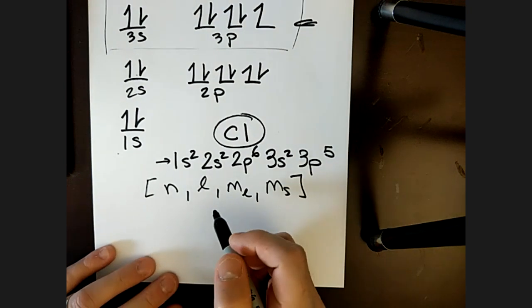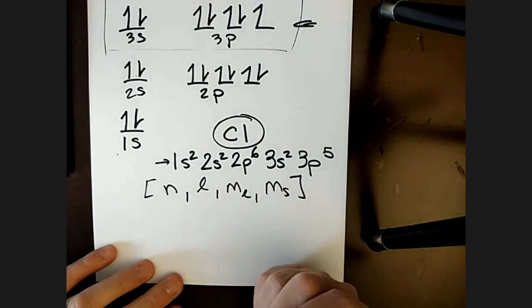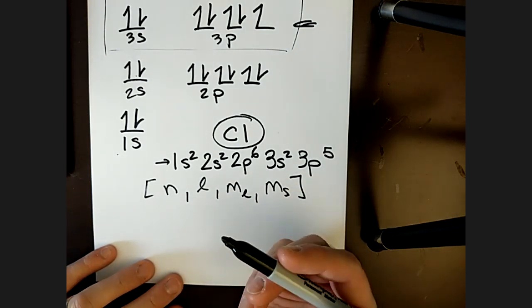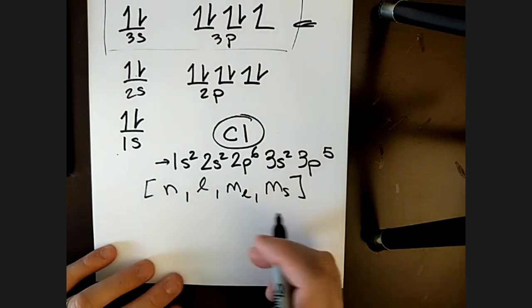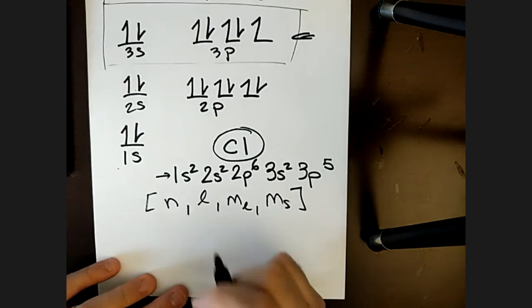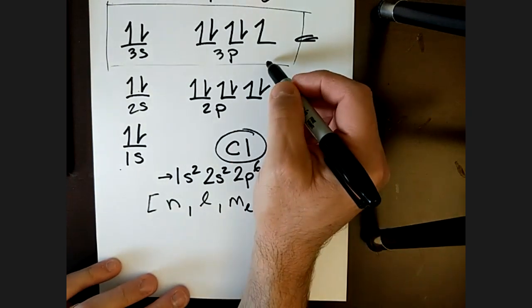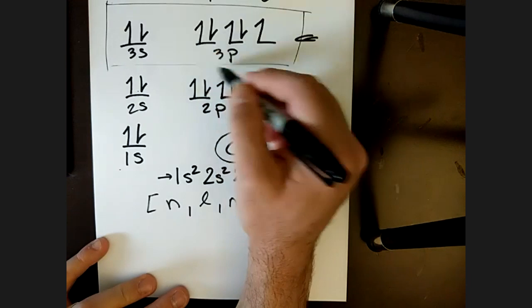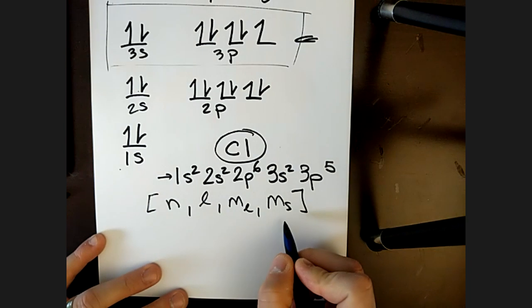Really, I focus on, given the quantum numbers, whether or not those quantum numbers are allowed or not. So that could be one kind of question: given the quantum numbers, which ones are allowed. If we were to come up with the quantum numbers for chlorine, you would derive it using the orbital diagram here, okay? So let's look at how we would come up with the quantum numbers for this.